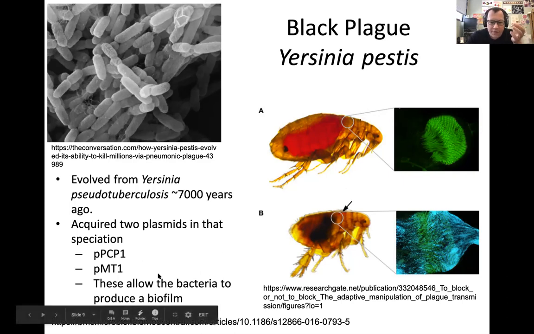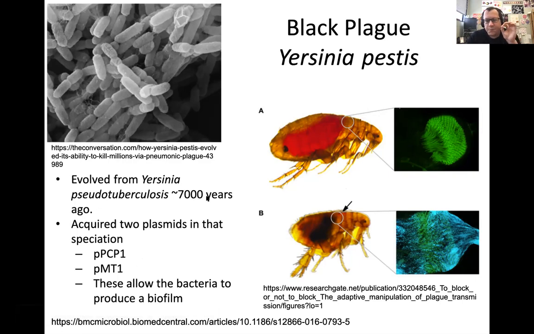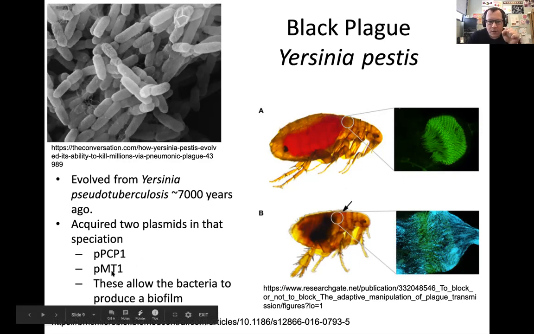And the really wild thing that happens here is that these bacteria evolved from this thing called Yersinia pseudotuberculosis. That by itself isn't really a harmful bacteria. But once it picked up these plasmids, it now causes a disease.